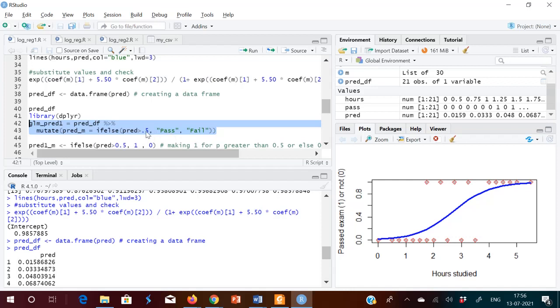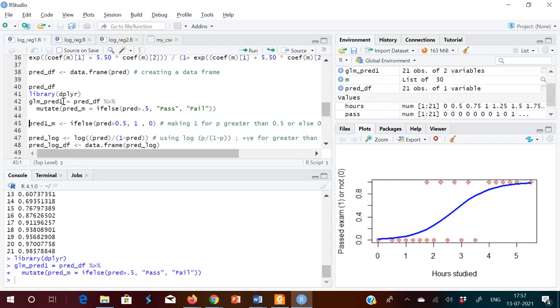If it is less than or equal to 0.5, it will write fail. That's why this symbol came, because it is taking from the data frame. Then it will check whether this column is greater than 0.5. If it is greater, it will write pass, otherwise it will write fail. Okay, let us execute this and see.